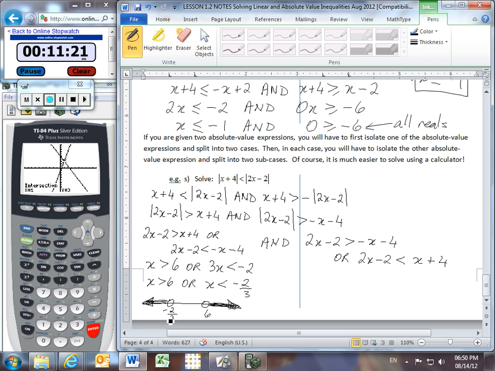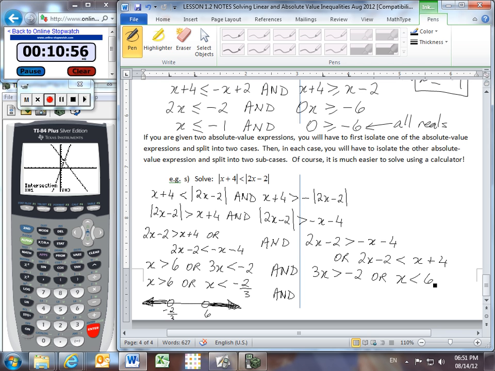Okay. Let's now solve the second pair of cases. In our first case, the negative x moves to the left, becomes a positive x. It's 3x. The negative 2 on the right becomes a positive 2, and that gives me a negative 2. Or, if I move the x to the left and subtract it, it becomes a 1x, and the negative 2 moving to the right becomes a 6.